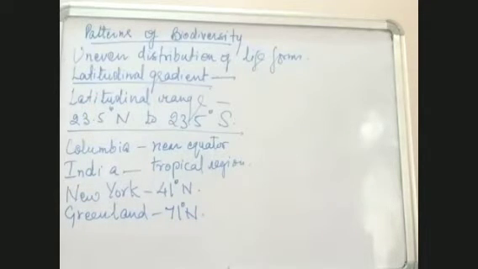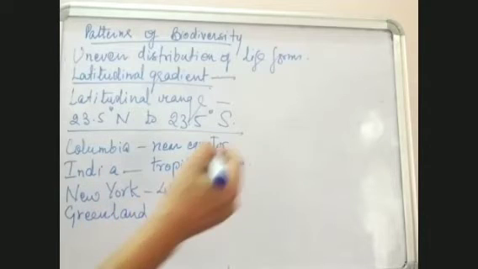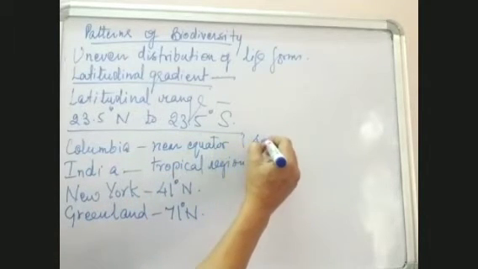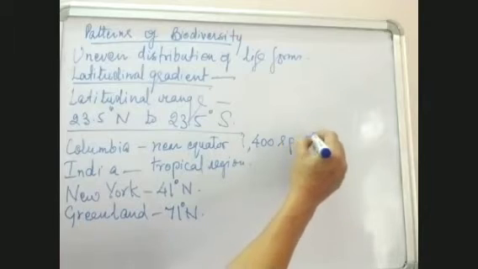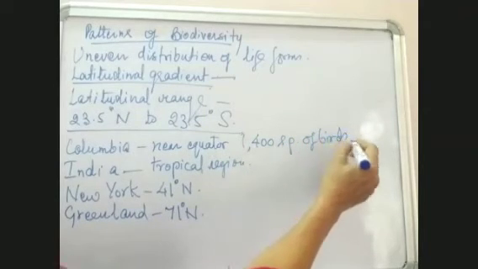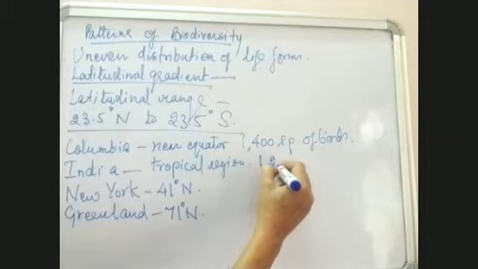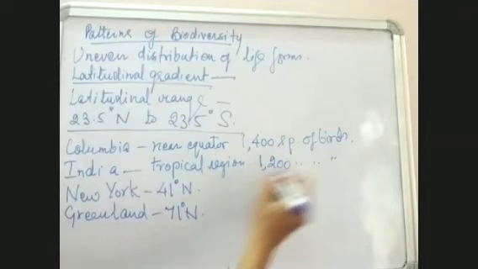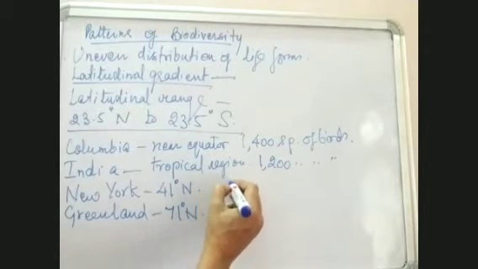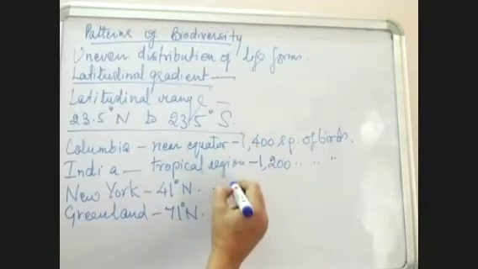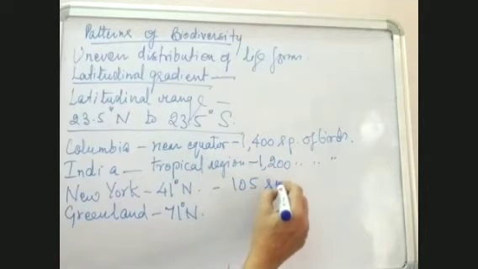Now, when we refer to the species of birds found in these sites, there are 1,400 species of birds found in Colombia, about 1,200 species of birds in India, then about 105 species of birds in New York.